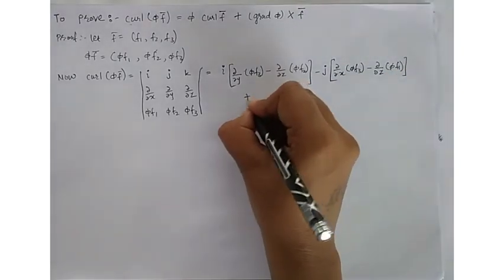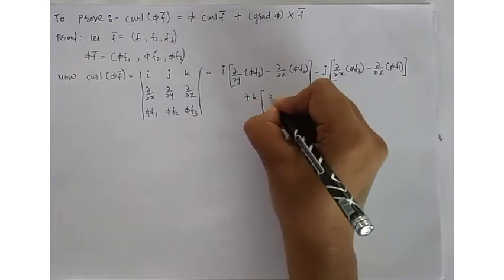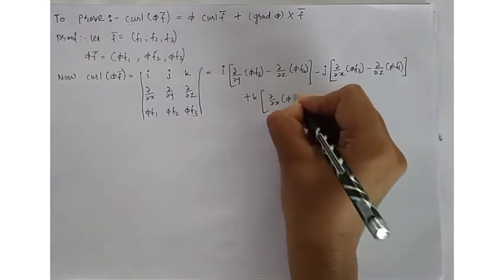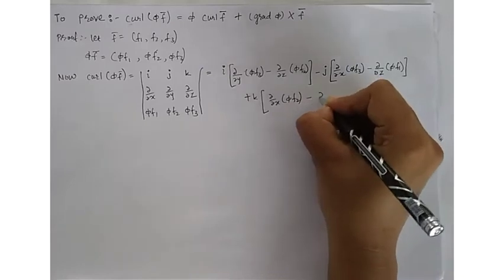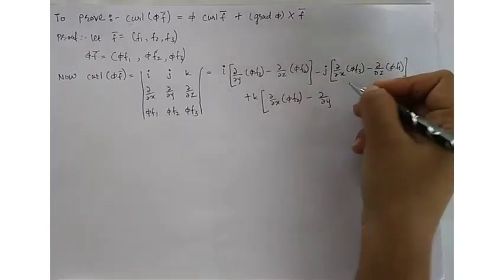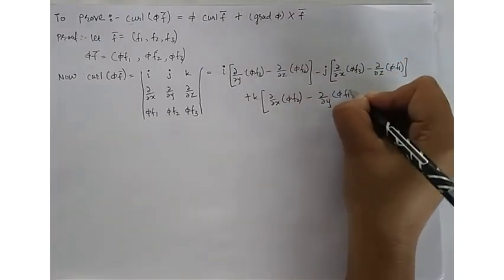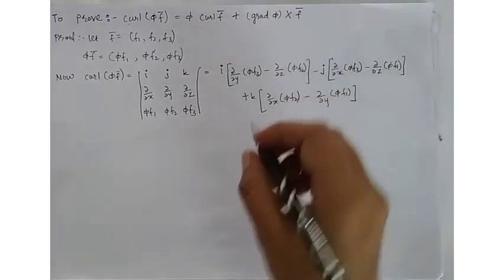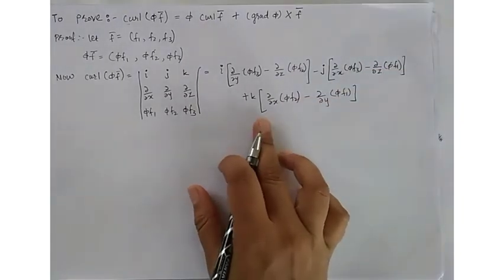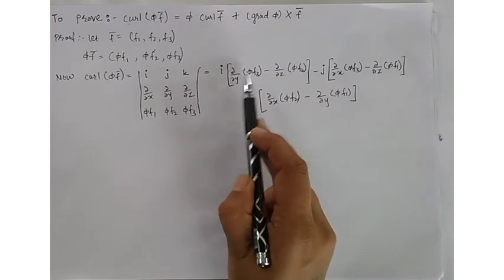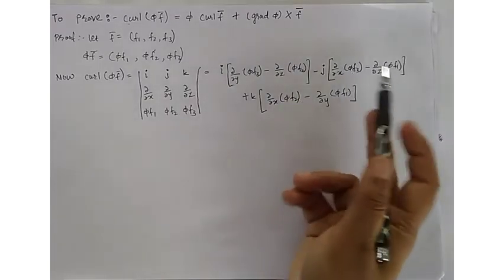And the last one is plus k of del by del x of φf2 minus del by del y of φf1. Now simplify these terms, that is, apply the partial derivatives on these functions.